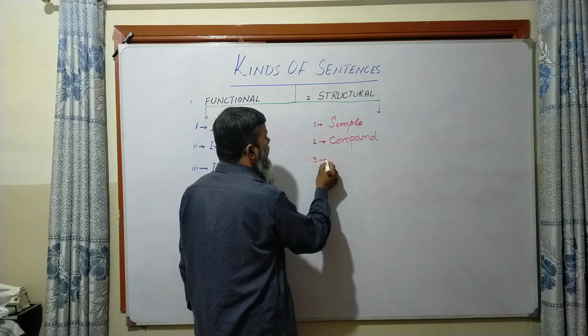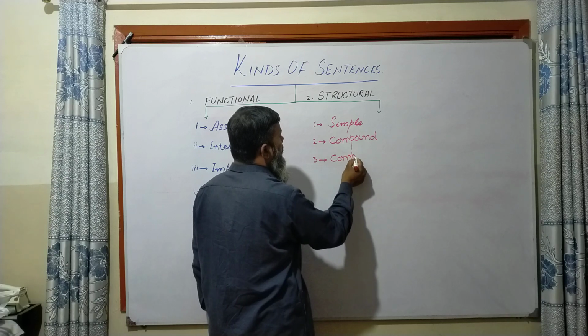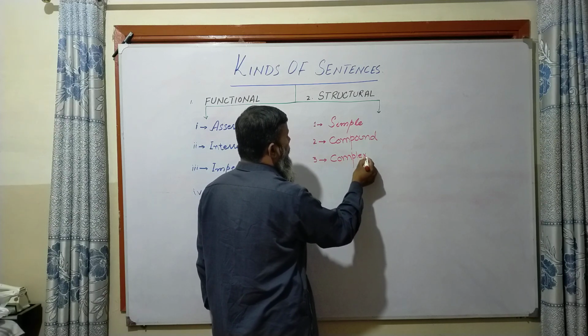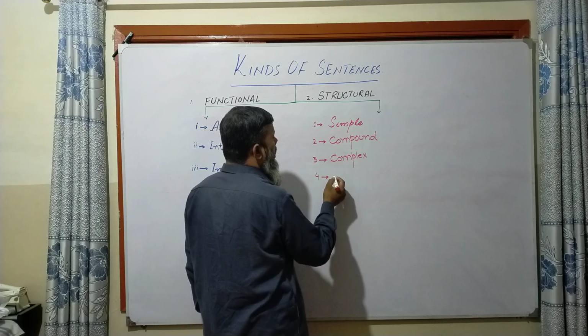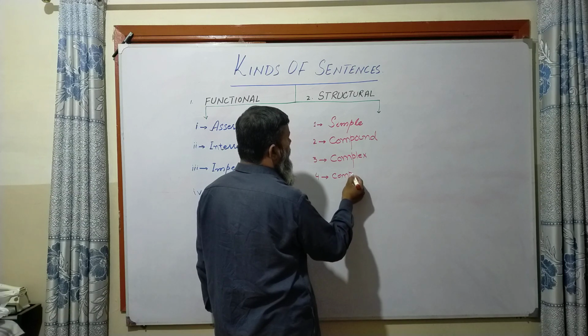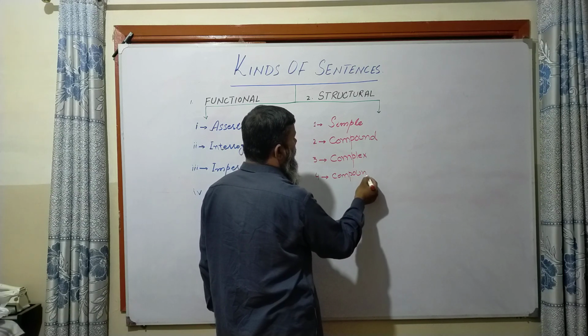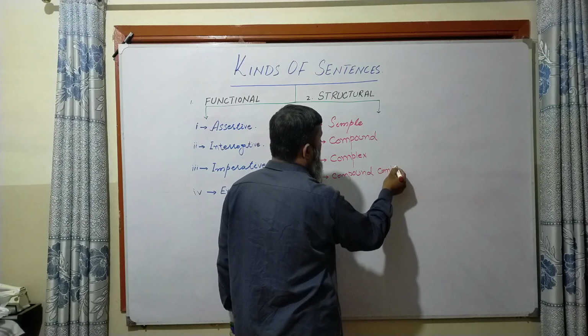Number three is complex sentence. And number four is compound-complex sentence.